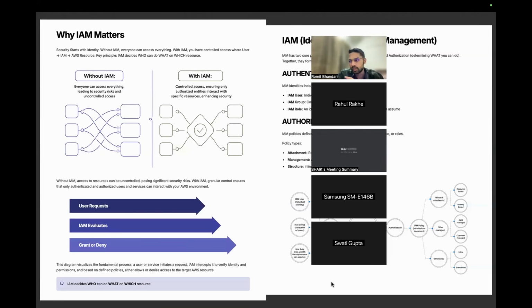There are n number of different services in AWS, and each service has its own task which it is doing. For example, EC2, Fargate, ECS, EKS, Lambda, all these are compute services. So you run code in these services.